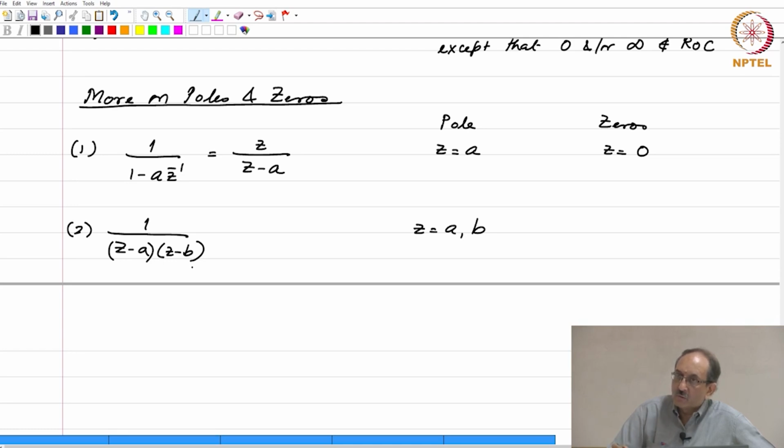So, where will this go to 0? At z equal to infinity, all right. For very large values of z, this decays, falls off as 1 over z squared. Therefore, at z equal to infinity there is a zero, and this is of second order.